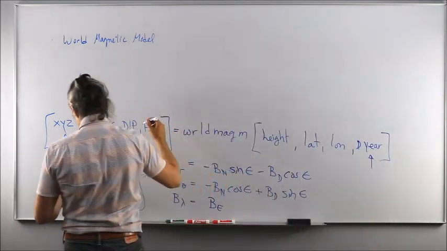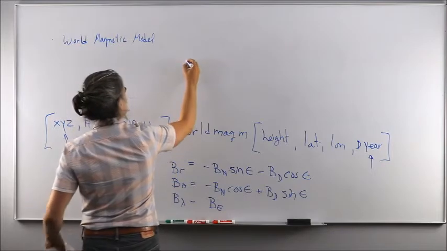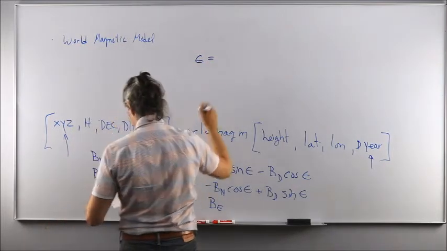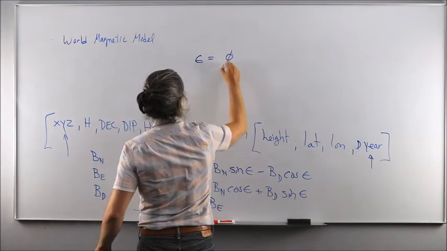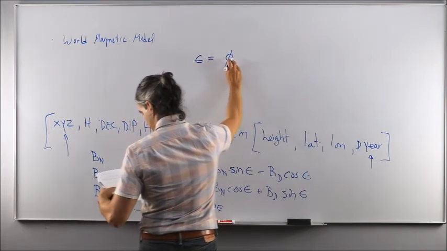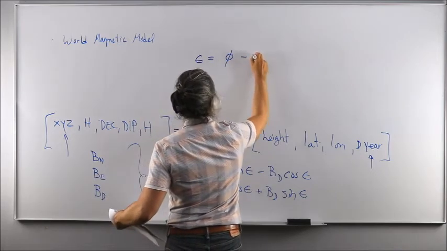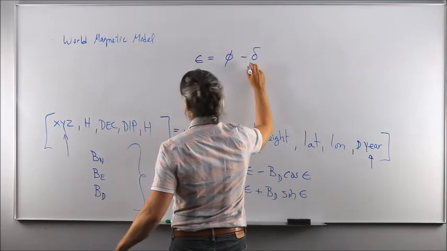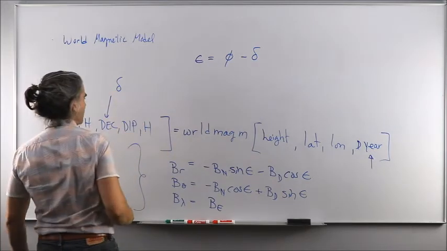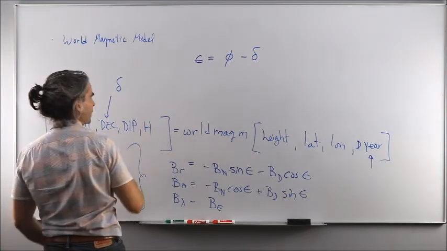So epsilon is going to be equal to the geodetic latitude phi minus delta, where delta here denotes this parameter calculated by MATLAB, which happens to be the declination angle.